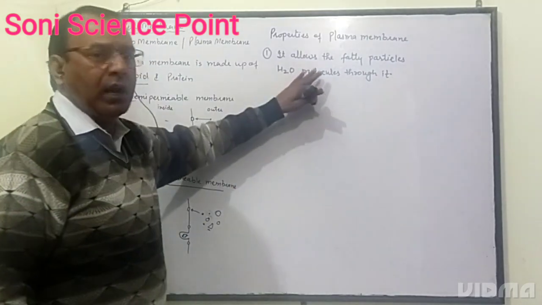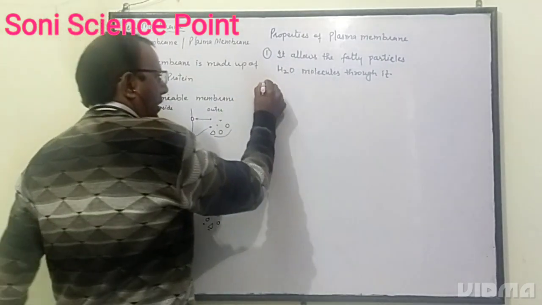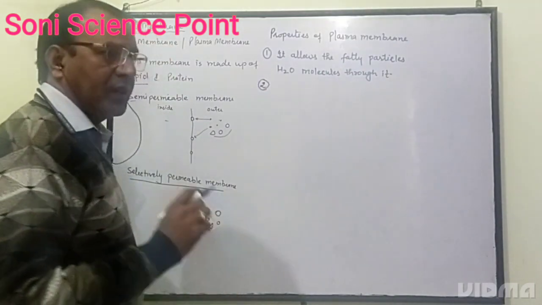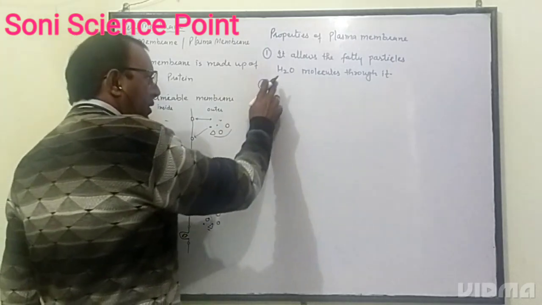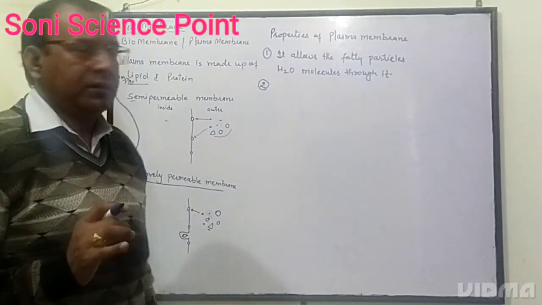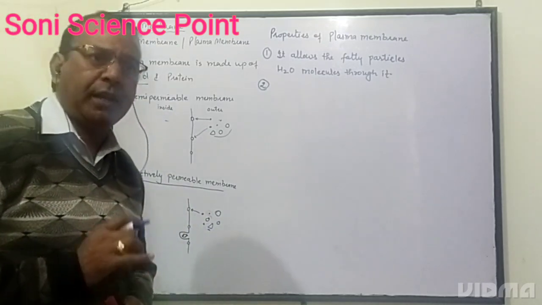If a plasma membrane allows these substances to pass in, that means it follows the properties of a plasma membrane. Second, phospholipid and protein, because we know the plasma membrane is made up of phospholipid and protein.